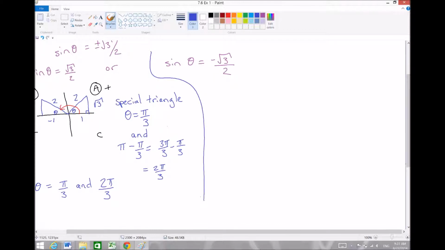Sine theta also equals negative root 3 over 2. Where is sine negative? We need the CAST rule. Sine is negative in the third and fourth quadrants.